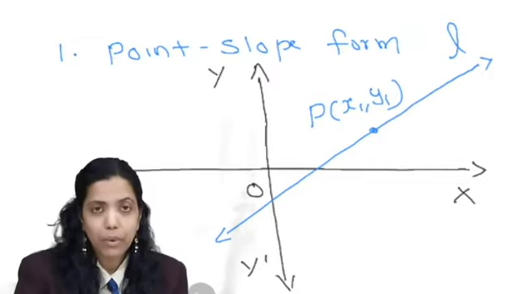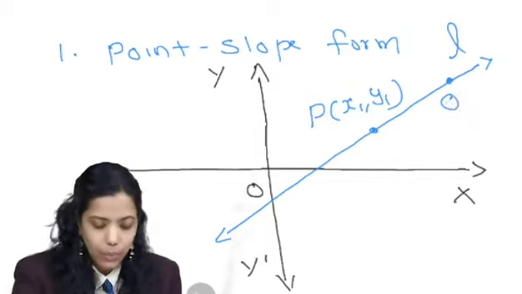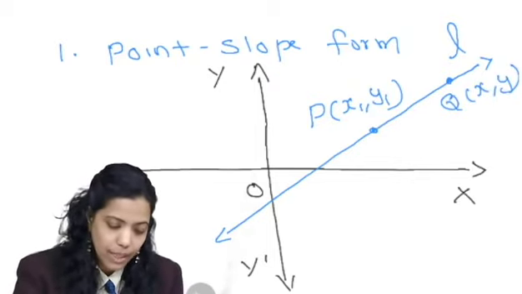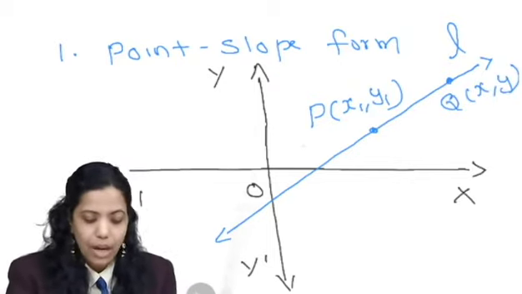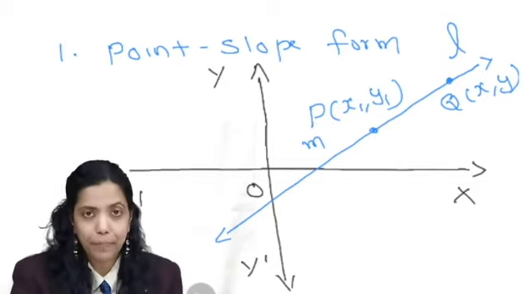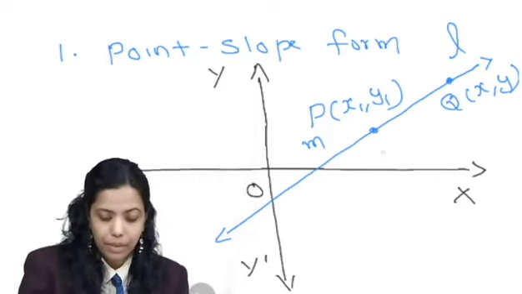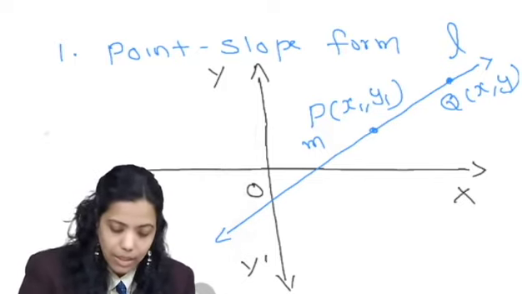The coordinates of that point are given. And let us consider another point, say Q, with the coordinates x, y. The slope of the line will also be given. Let it be M. We denote the slope of any line as M. Here we consider the slope of the line L.